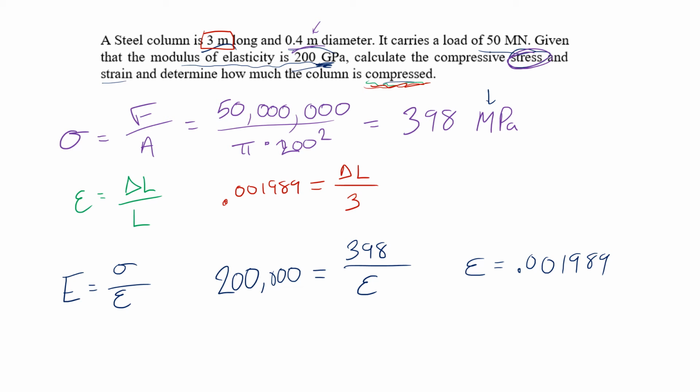I'm just going to leave it like that for now, and we'll see where we end up. After we do our calculations, our delta L is going to equal about 0.006. Now, since our L was in meters, our delta L will also count in meters. So let's switch this to something more reasonable. Let's switch it to millimeters. And there we go.